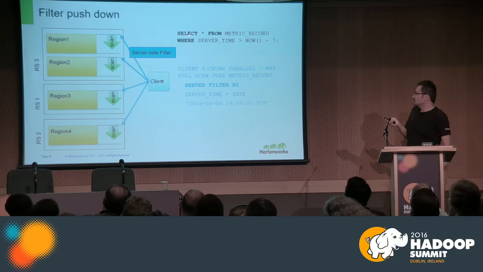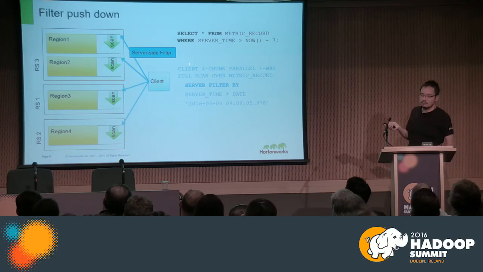So when you look at the explain plan, it will say something like this. It's a client 4-way parallel scan, same as before, but it will say server filter by, and then the filter.